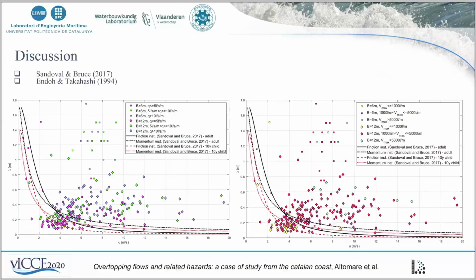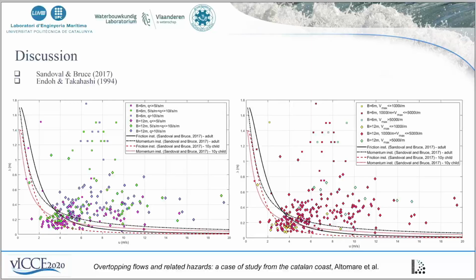So let's try to look at the data in a different way. We can look at this slide, and we have a graph at left that is very similar to the one on the right. It's just the way we categorize the data that is different.